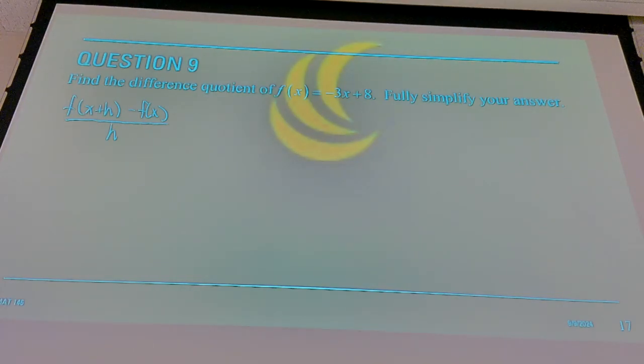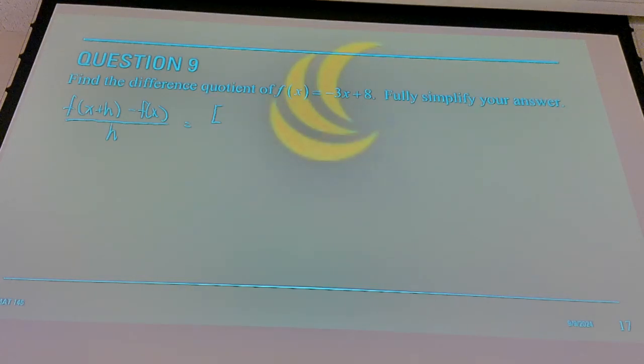Now, you can do it all in one step. It makes the algebra look more intimidating than it actually is. So I think I will do it all in one step for this one. F of x plus h. So look at f.